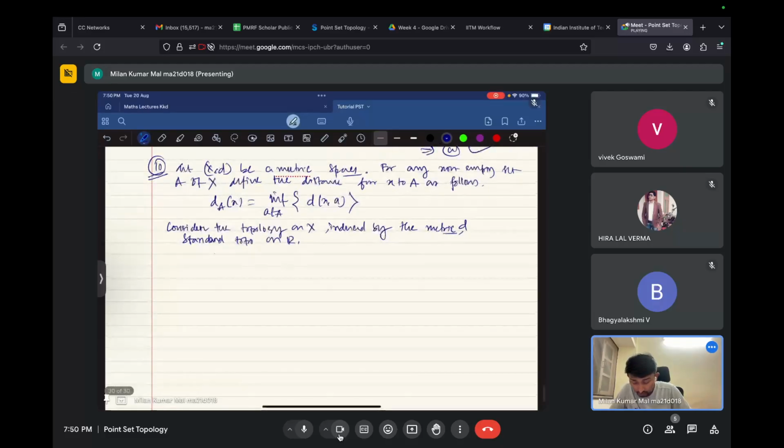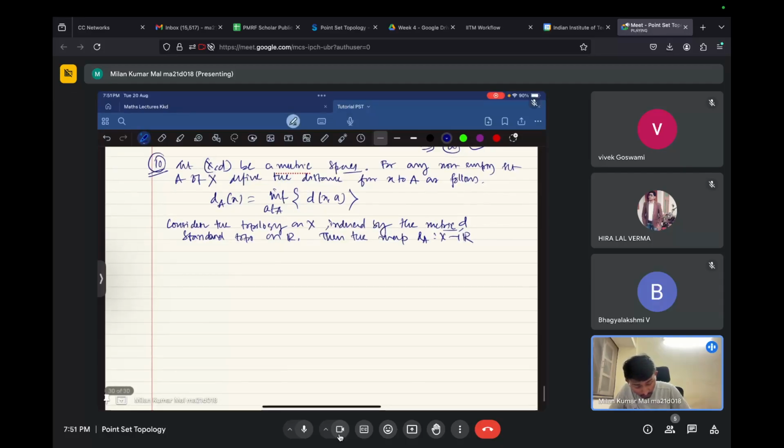Then the map d_A from X to R: A, it is always continuous.